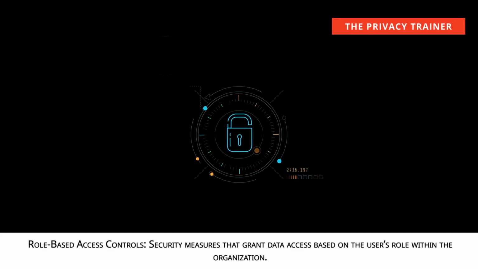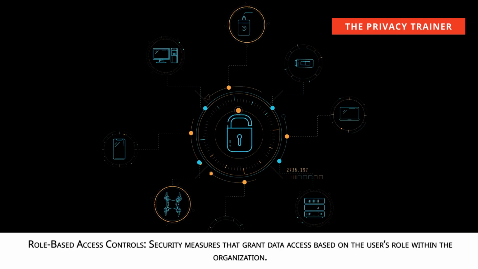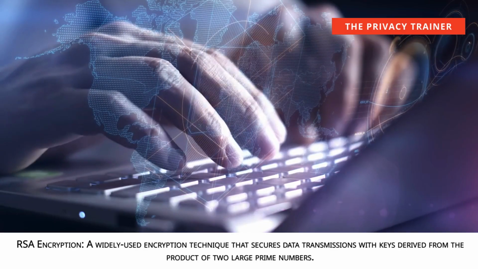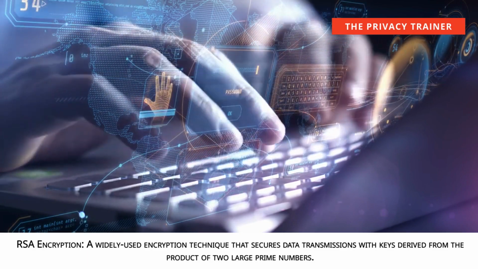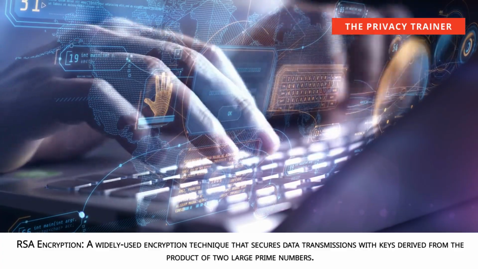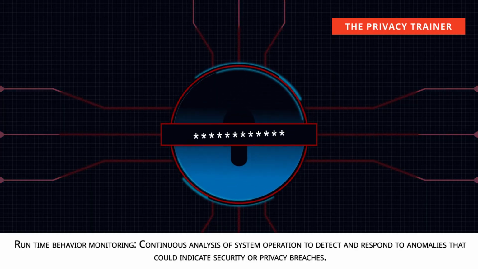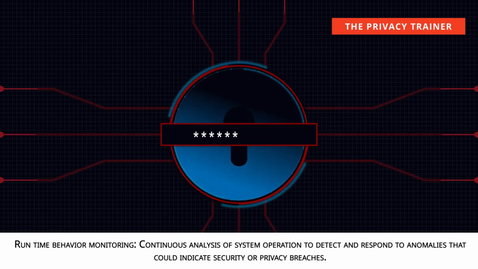Role-based access controls, security measures that grant data access based on the user's role within the organization. RSA encryption, a widely used encryption technique that secures data transmissions with keys derived from the product of two large prime numbers. Runtime behavior monitoring, continuous analysis of system operation to detect and respond to anomalies that could indicate security or privacy breaches.